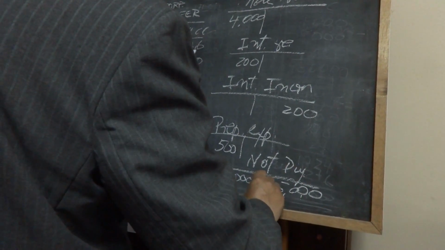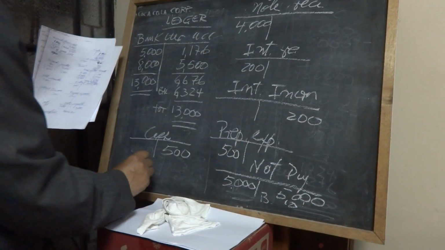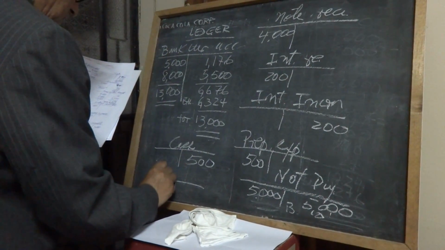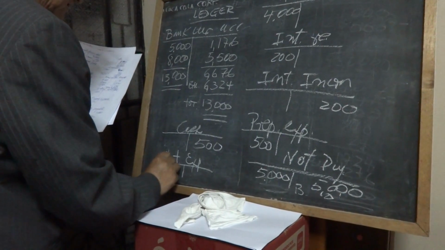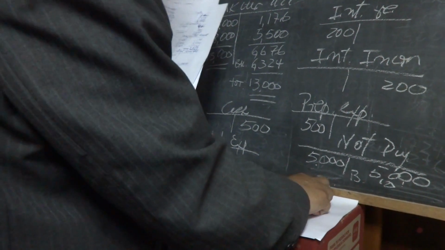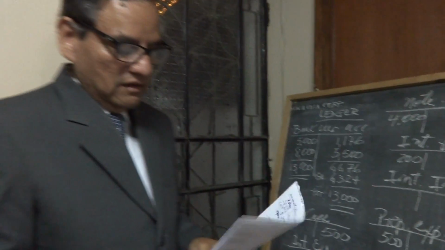So the balance is 0. And at the last, the account interest expenditure for $500 on debit. Well, these are all the commercial operations of Coca-Cola Corporation.